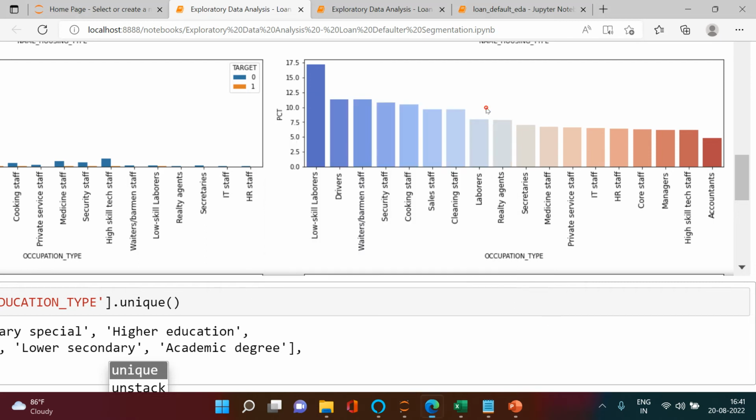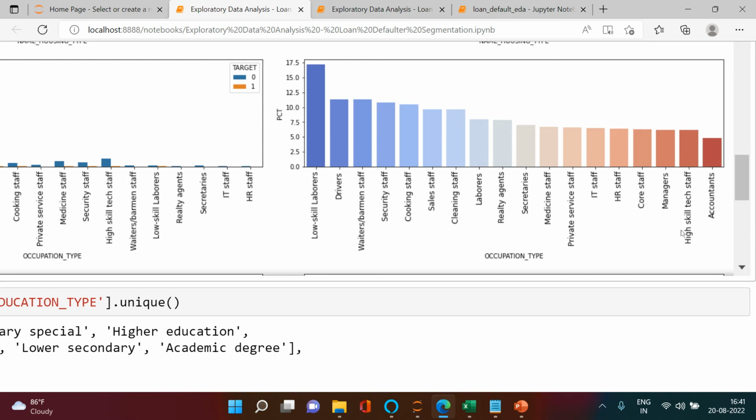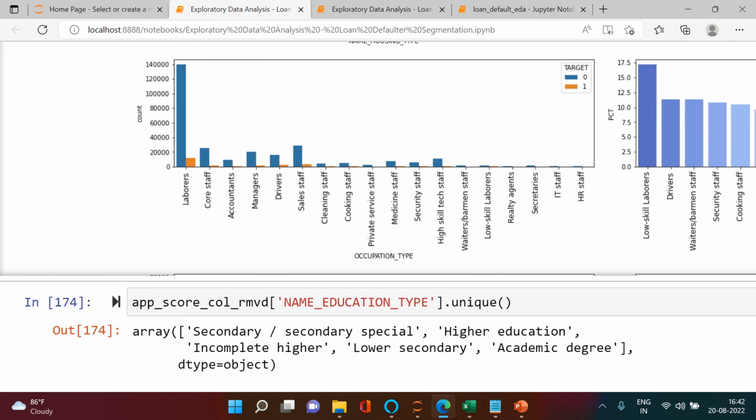Alright, so what we see over here is core staff has an even lesser default rate. Okay, and then the next one, managers: core staff and managers have almost equal default rate. HR staff, core staff, and managers, all these three have almost the same rate.